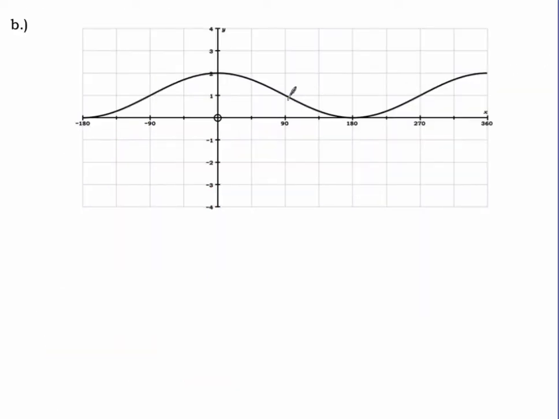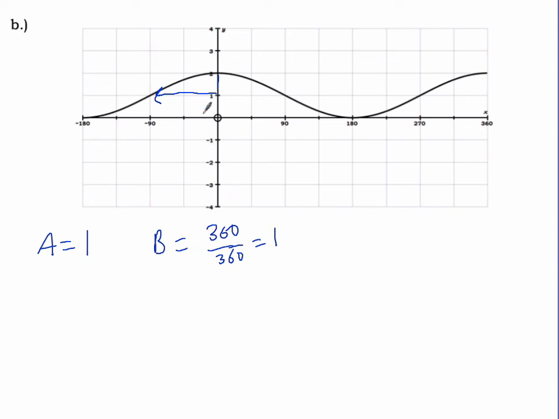Okay, next, this one has an amplitude of 1, and the b value, so the cycle is also 360, so it's normal, right? It's 360 divided by 360, which equals 1. So the b value is 1. If we think in terms of sine, we can say it's shifted this way 90 degrees, right?